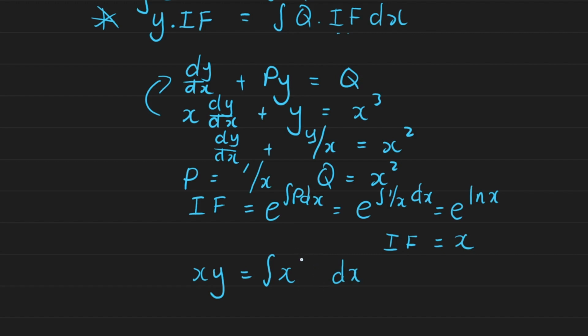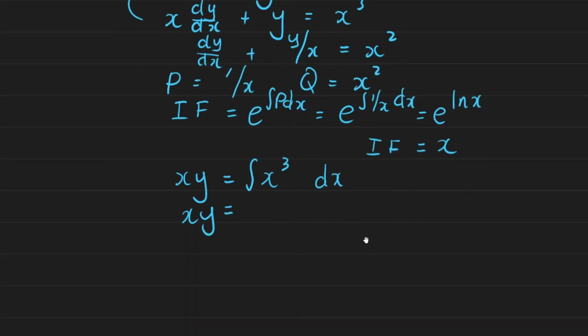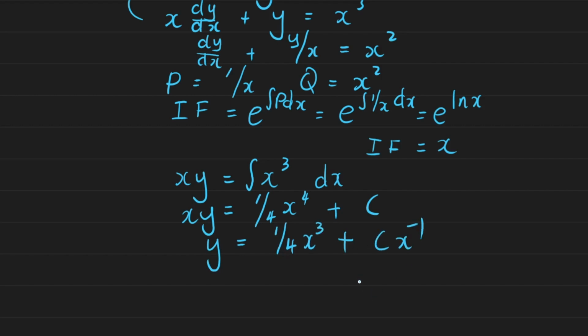And then we're done. We have xy is equal to 1 over 4 times x to the power 4 plus an integration constant. So solving for y, we have y is equal to 1 over 4 times x cubed plus c times x to the minus 1.